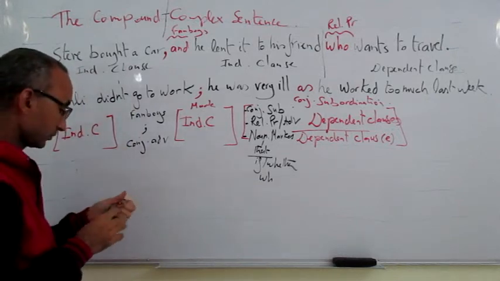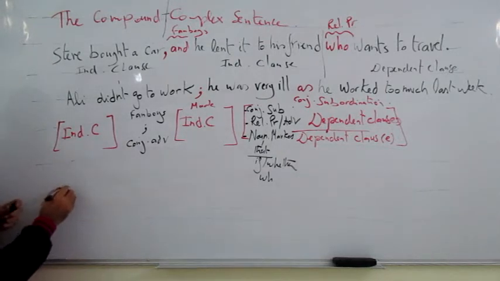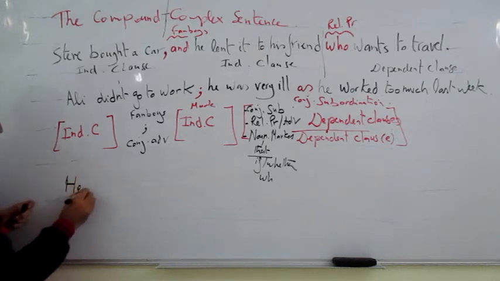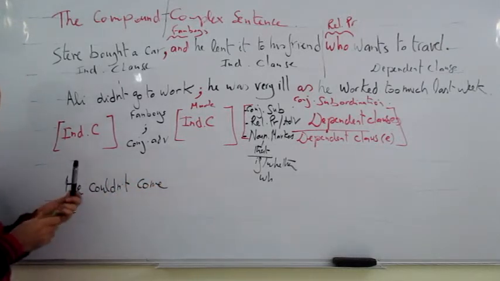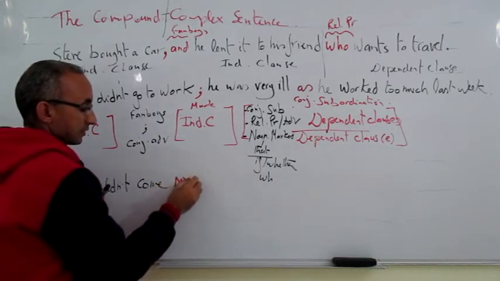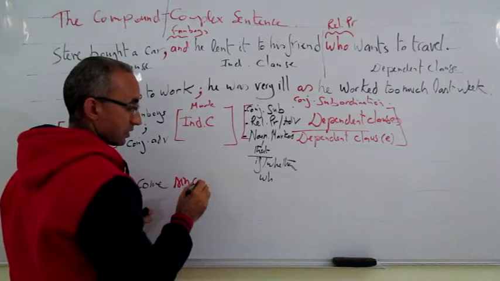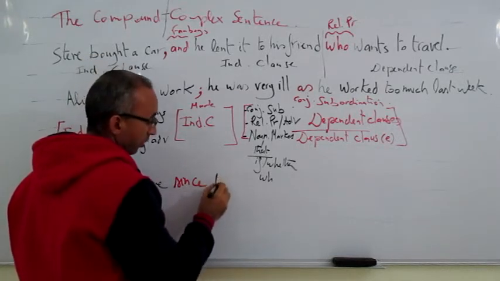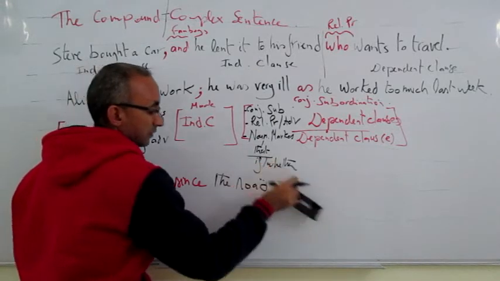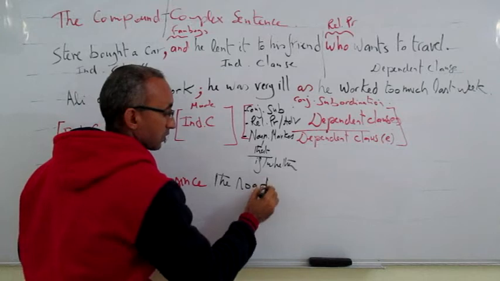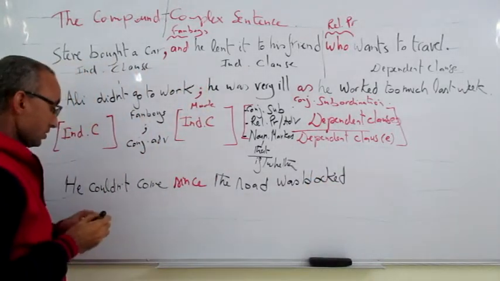For example, I write: He couldn't come since the road was blocked, he couldn't come.